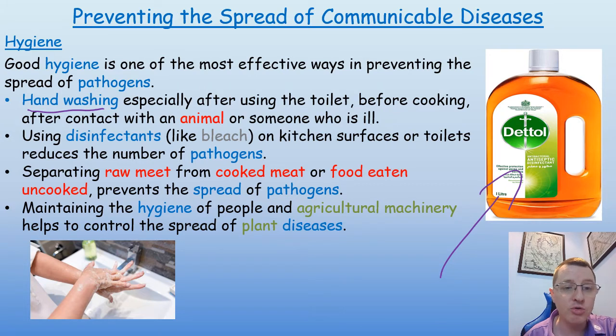In the agricultural businesses, maintaining the hygiene of people and agricultural machinery will help to control the spread of plant diseases, which is very important if we're looking at farms or hydroponic farms, or indeed cultivation of flowers for sale.